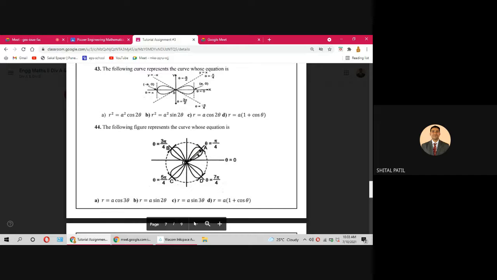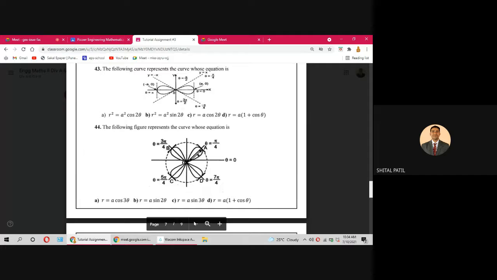4 petals are there. So what will be n? 2. Half of that. Whenever n is even, we have double of the loops, na? Whenever odd number of loops are there, 3 loops, 7 loops, 11 loops, n is 11. n is whatever the number of loops are there. Now here we have 4 loops. Therefore, half of them will be n.